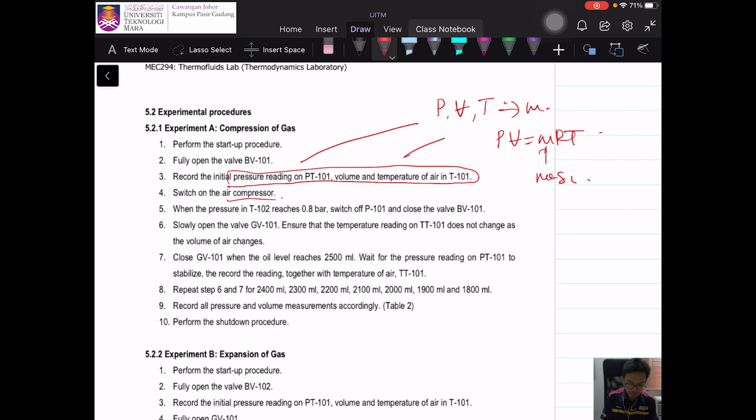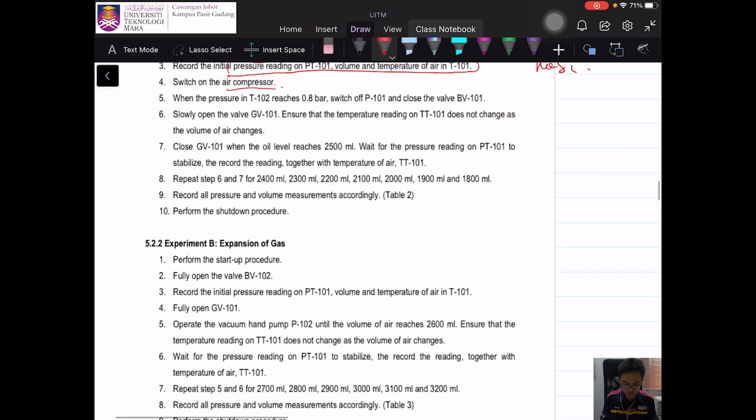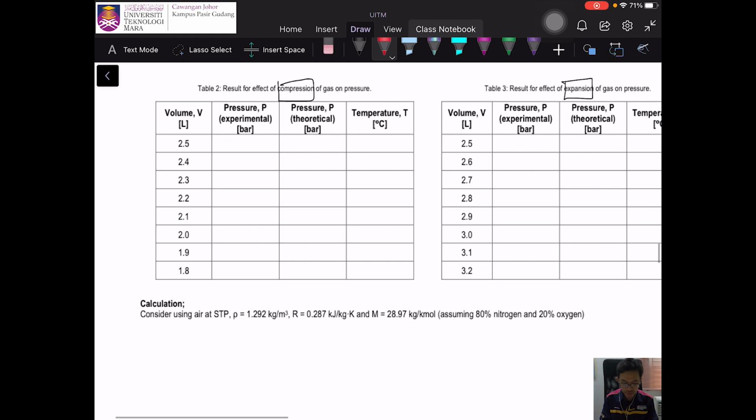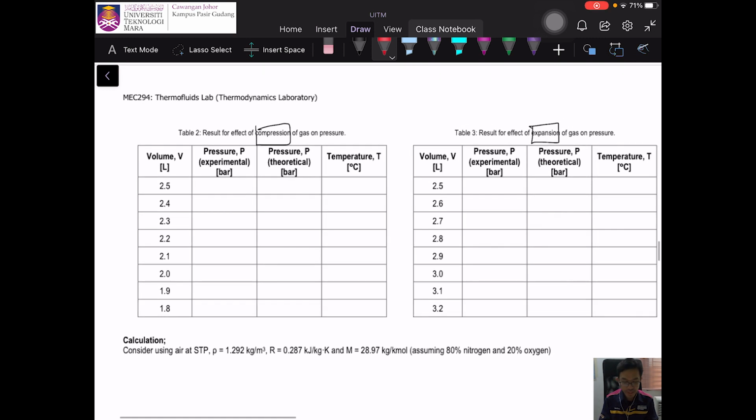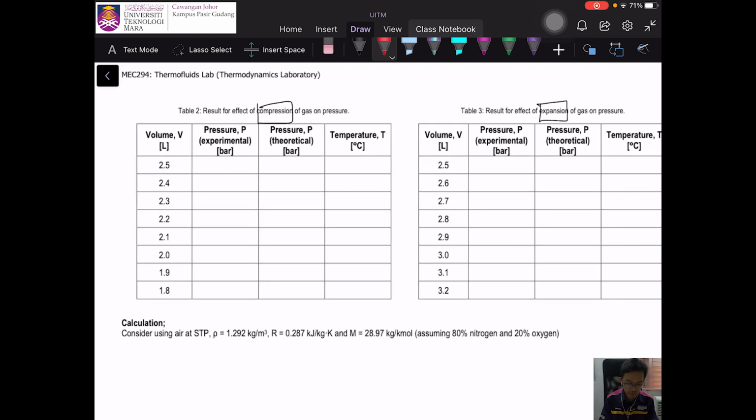Make sure you do the experiment according to the table. So if you get the initial pressure here, let's say at 2.5 liter, you get the pressure to be 0, let's say. The temperature, let's say you get around 30 degrees Celsius.